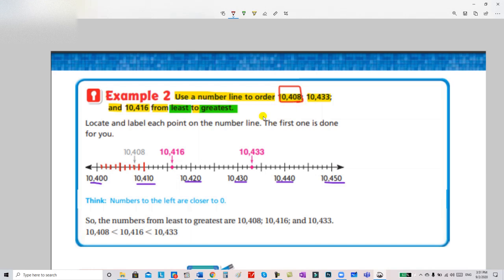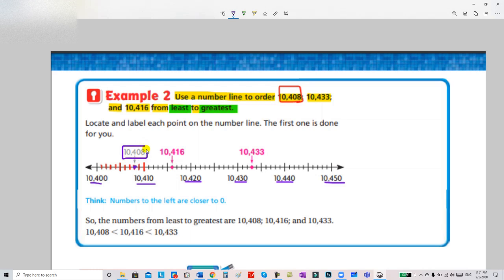So 408 must be between 400 and 410. Let's count. After 400: 401, 402, 403, 404, 405, 406, 407, 408. So our number is here, 408.